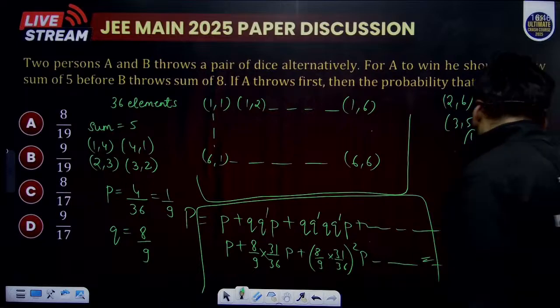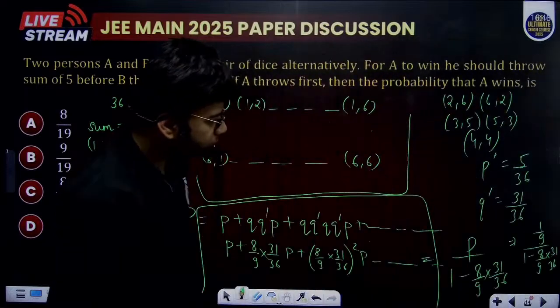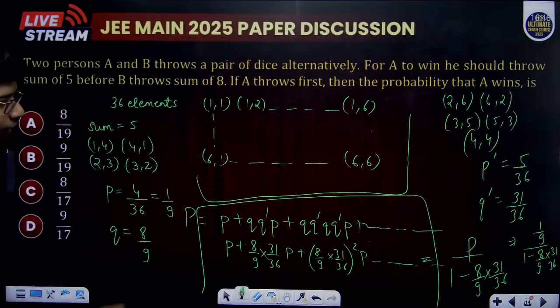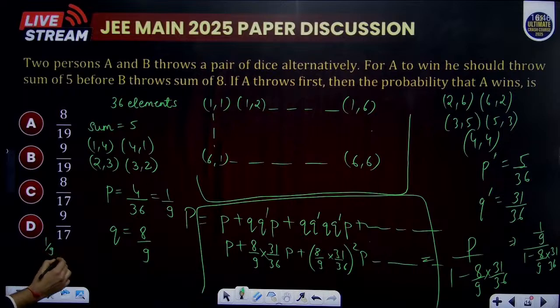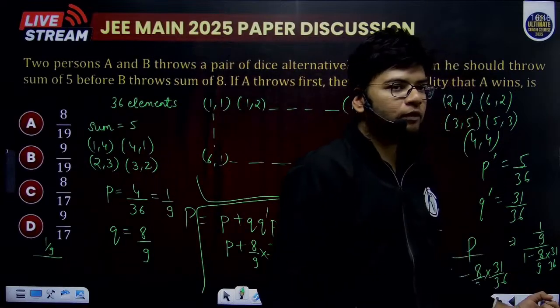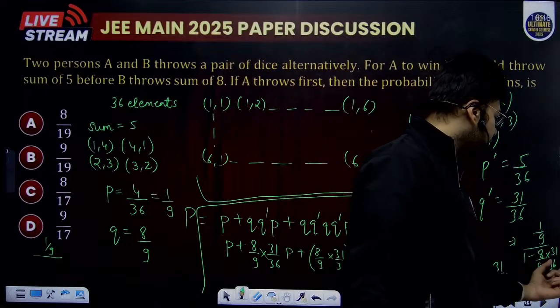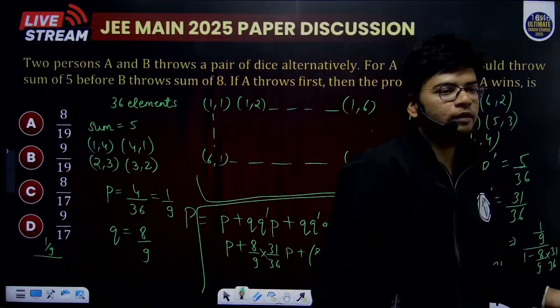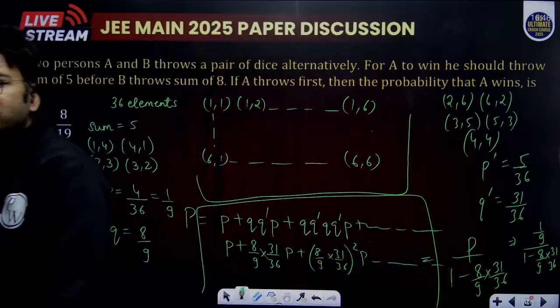So let's calculate this. 1 by 9 upon 36 nines are 324. 324 minus 248.